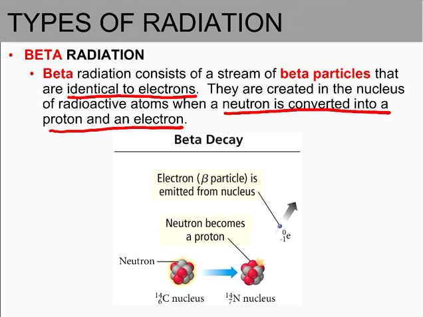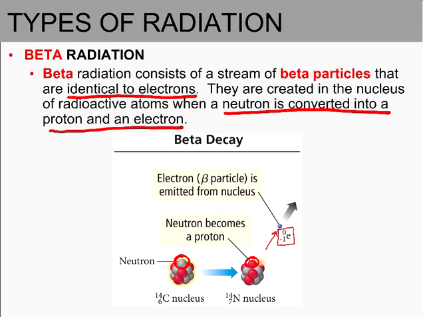Down below we have an example of beta decay. We have a carbon-14 nucleus, and one of those neutrons in the nucleus is going to turn into a proton by emitting an electron. You'll notice we do have an isotopic representation of an electron there, but we'll talk about that in more detail in a bit.